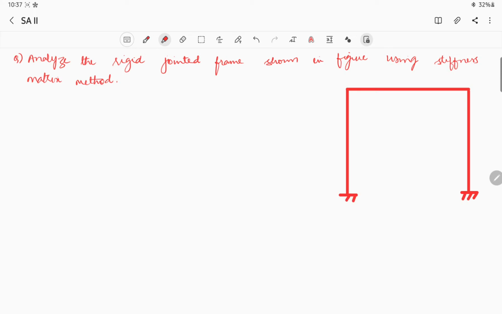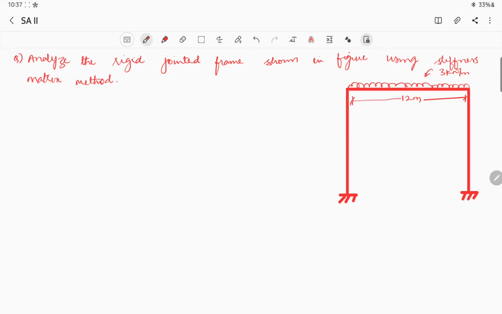And the loading on the frame is UDL over the entire top span, that is, this is 3 kilonewton per meter, and the span of this is 12 meter, the distance from here to here.